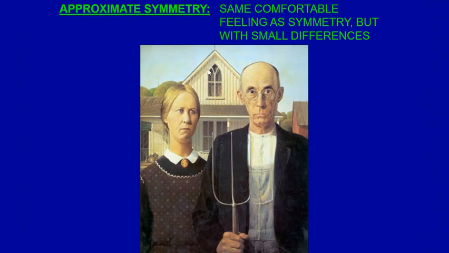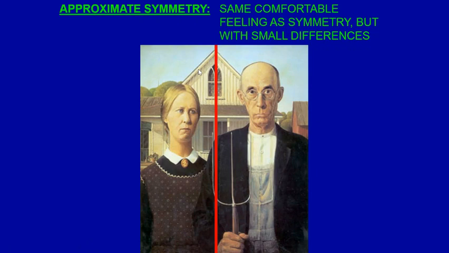All right, and then approximate symmetry gives the same comfortable feeling as symmetry, but with small differences. The rider on the horse that I just mentioned would be a good example of approximate symmetry. If you were to draw the line down the middle, yes, there's one person on the left and one person on the right, but they are different sizes and slightly different.